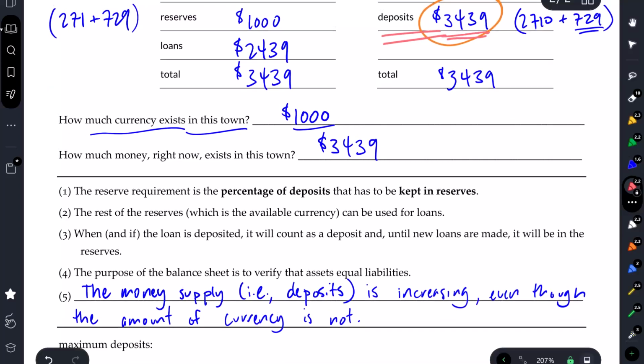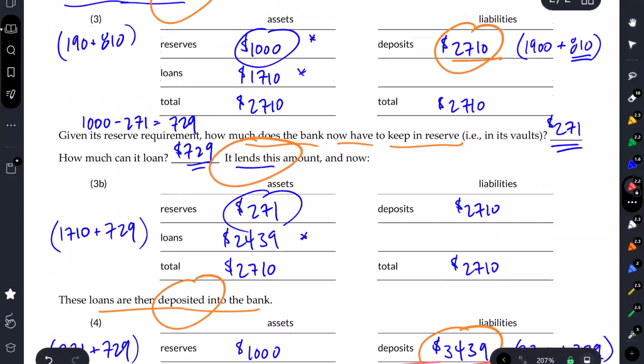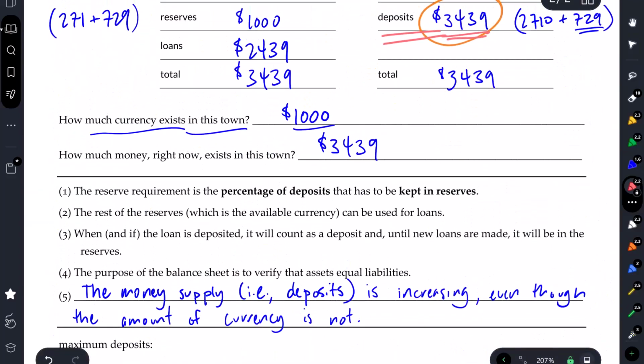And so this figure is increasing as we go through this process, even though the amount of currency is not.